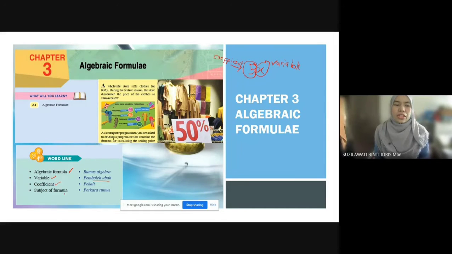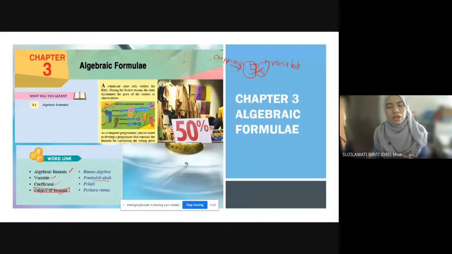Example. Then after that in this topic you also learn this word, subject of formula. So be focused on this word, subject of formula. Later you need to understand what is subject of formula. In algebraic formula, there is a subject of formula. So what is subject of a formula? Those are things that you need to know and understand after our lesson.